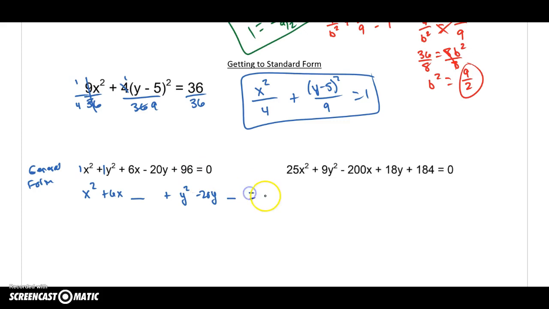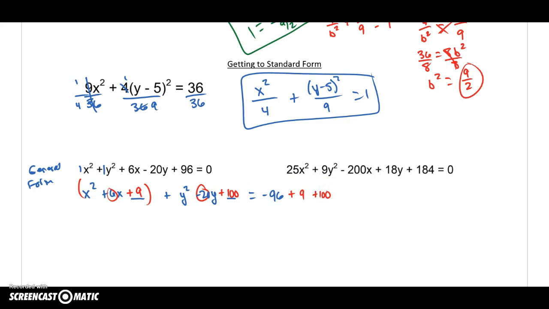Get that 96 to the other side by subtraction. Okay. So what I want to do to complete the square, this is my first perfect square. Take half of my linear term and square it. Half of 6 is 3, squared is 9. Half my linear term is negative 10, squared is plus 100. Now I need to balance the other side. I added 9, and I added 100.